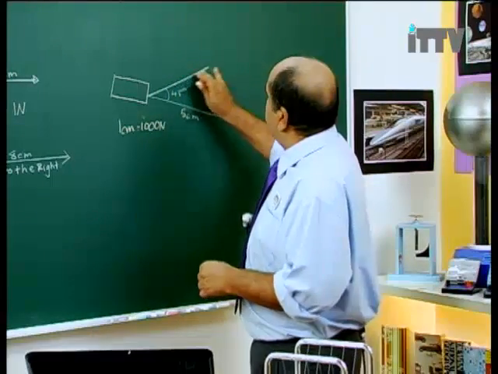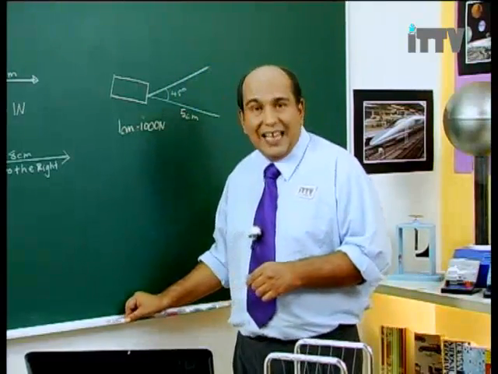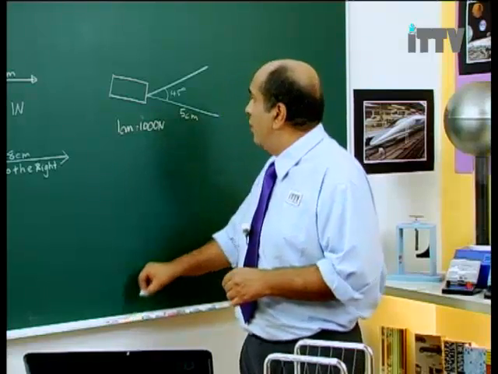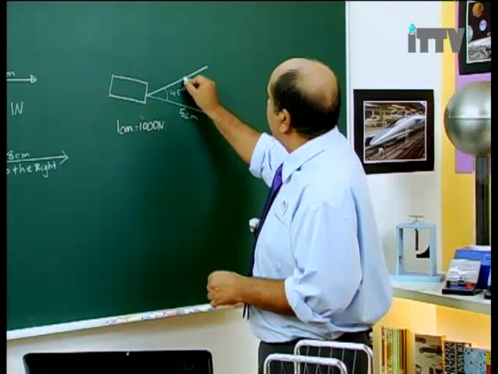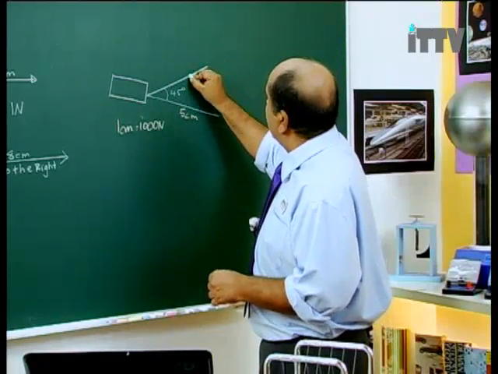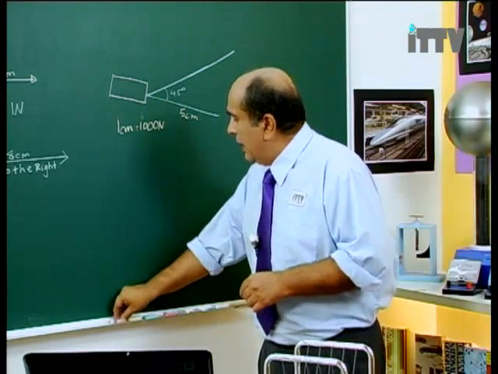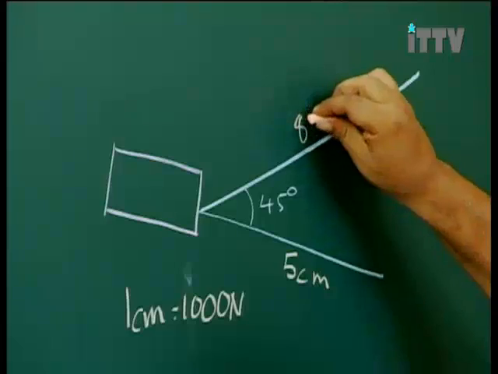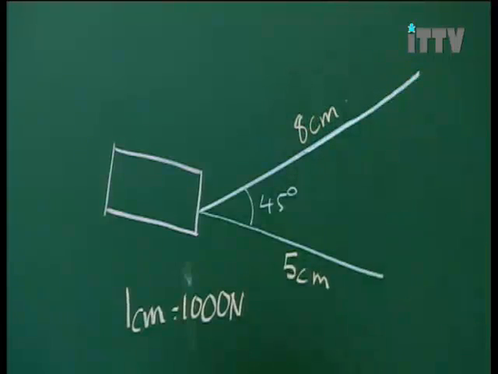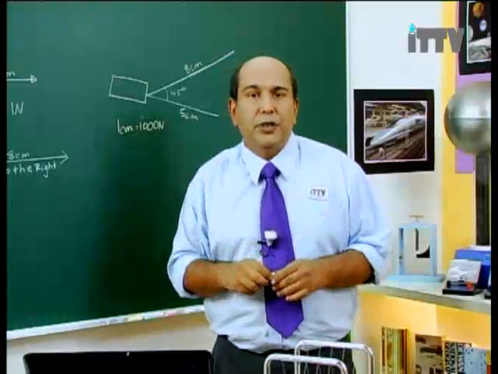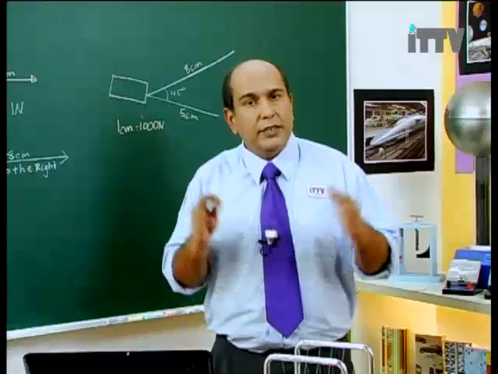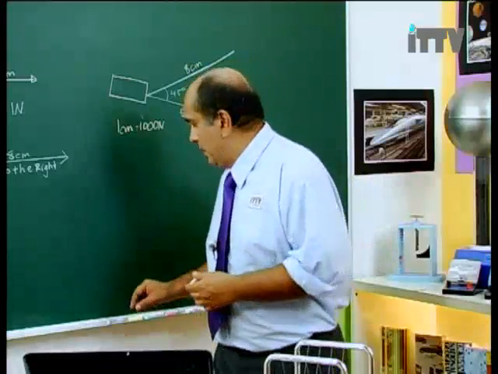The second line up here, which represents the 8,000, needs to be a bit longer because it's 8 cm long. So let's extend this line to about here. And let's put in the value, 8 cm long. So we've got our main components. Now what we need to do is complete the parallelogram.